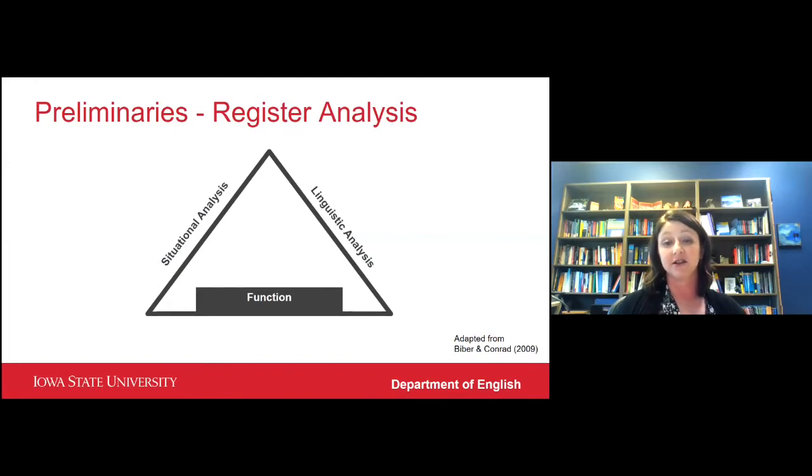And the key here is that we link those two things together by looking at the function. So how is it that the function of these linguistic characteristics are well aligned with the situational characteristics of the register? So we know, for example, in news that a lot of people who are relevant to the story that's being presented will be mentioned.